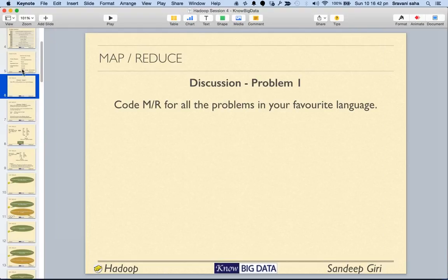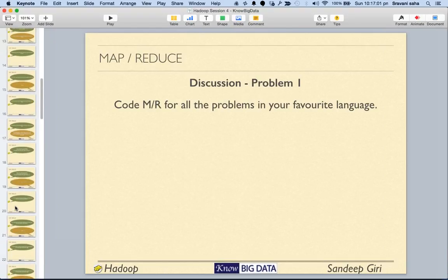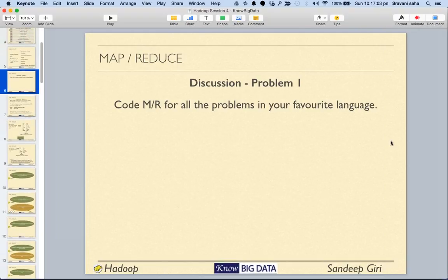Did you think about a solution? We'll not go into too much detail about the actual implementation. We'll talk about general strategy, and then the actual implementation you can go ahead and do.